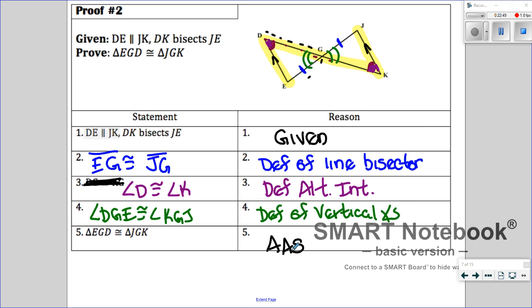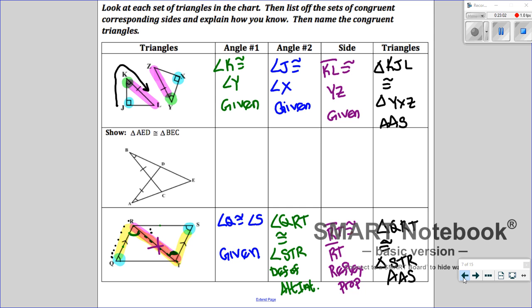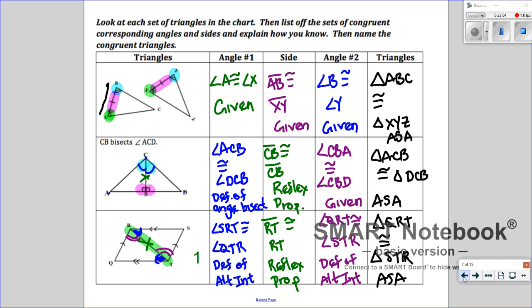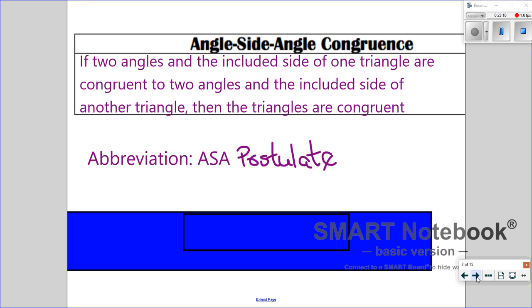So that's how you would use those postulates to prove that two triangles are congruent. Going back, just to recap, you learned about angle, angle, side, AAS, and also angle, side, angle.